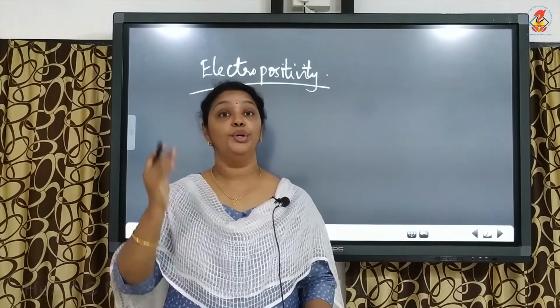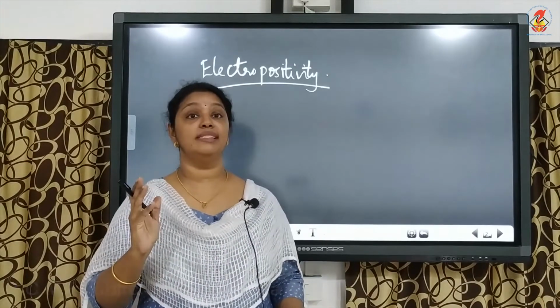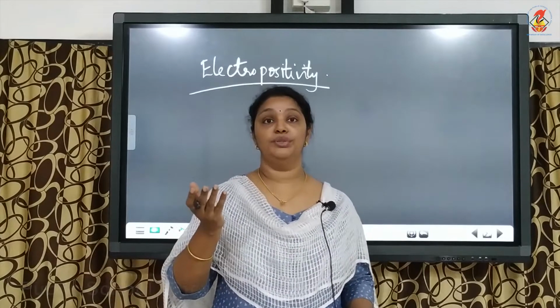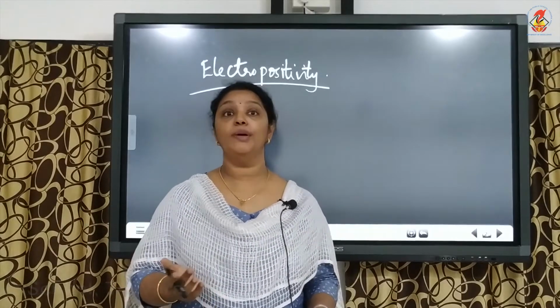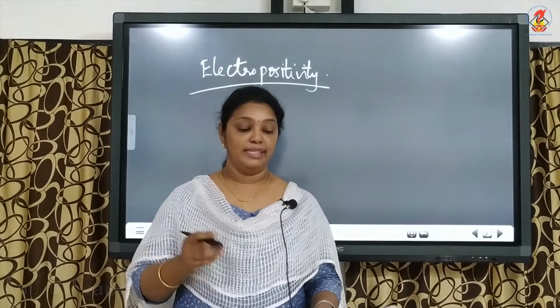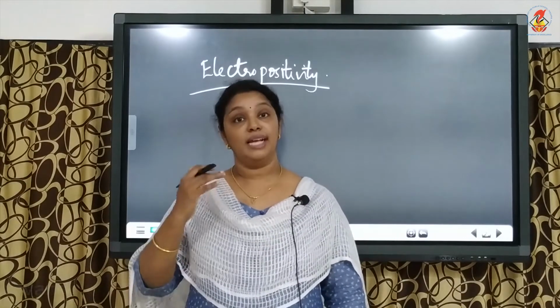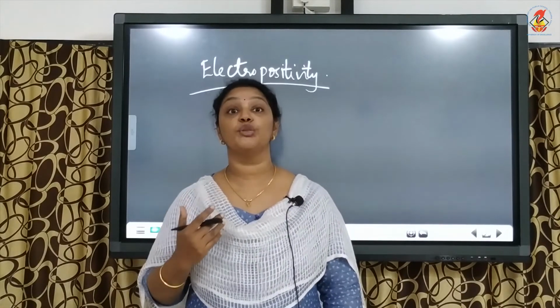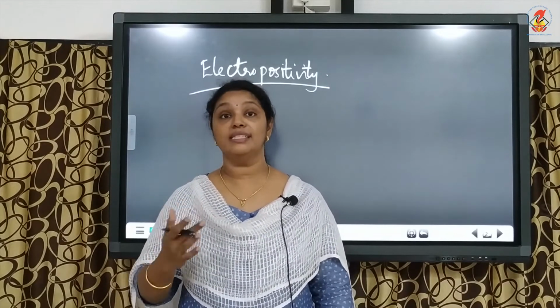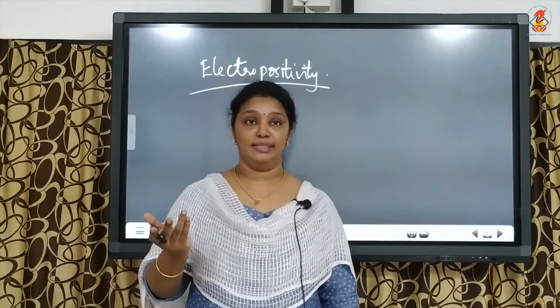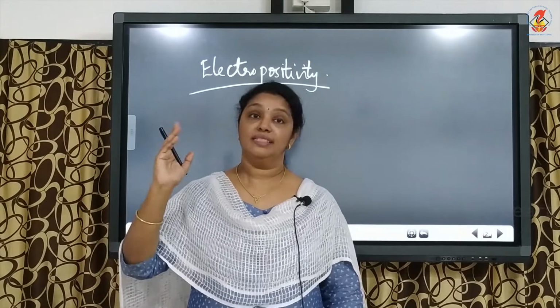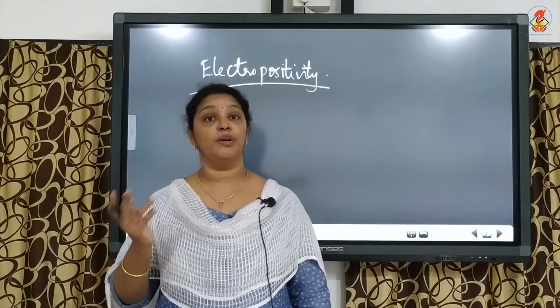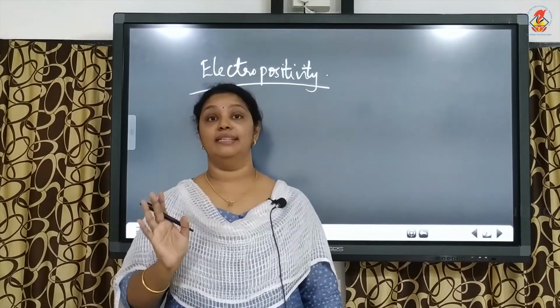And we know group 1 elements, and group 2 elements also, have more tendency to lose electrons and form positive ions. So we can say down the group the size of the atom increases, electropositivity increases, metallic character increases, and across the period the size of the atom decreases, electropositivity decreases.